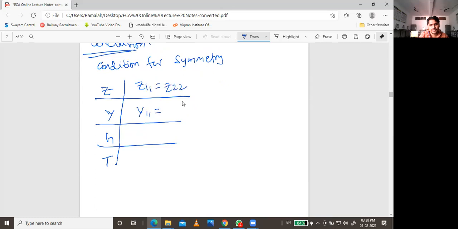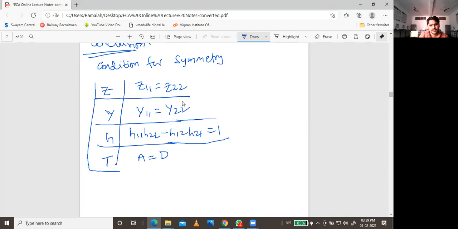Next, Y11 equal to Y22. For H parameters, H11 H22 minus H12 H21 equal to 1. For T parameters or ABCD parameters, A equal to D. So, this is the conclusion of today's lecture. Thank you for listening to the class.